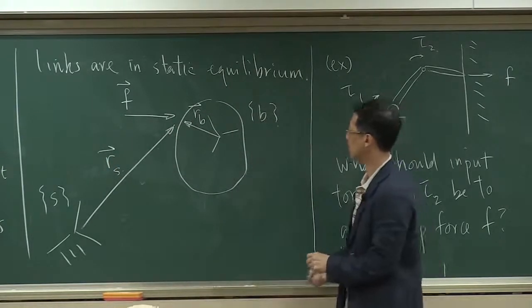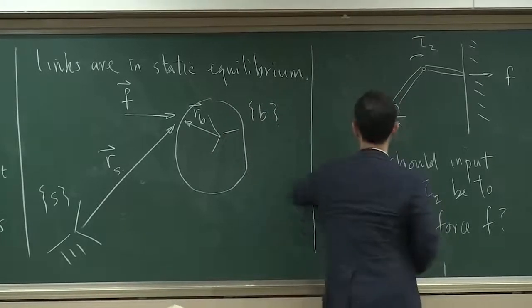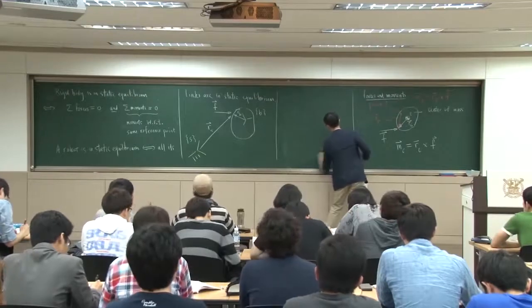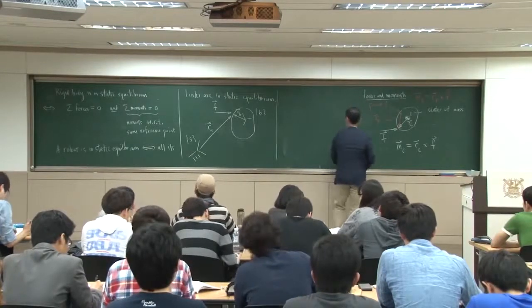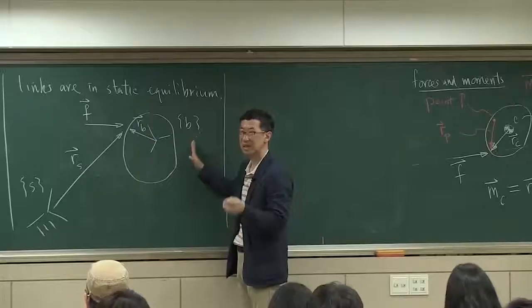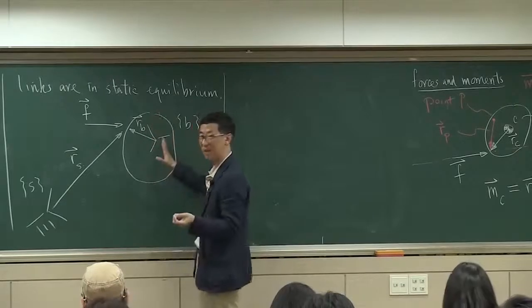All right, so to write down the static equilibrium condition for this, what we would do is we would first pick a reference frame, maybe the B frame.